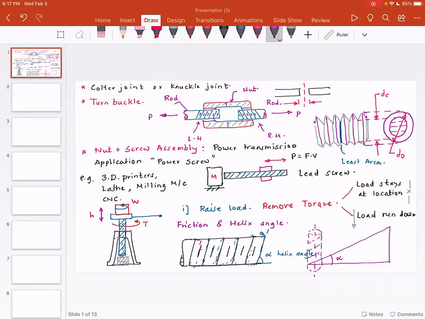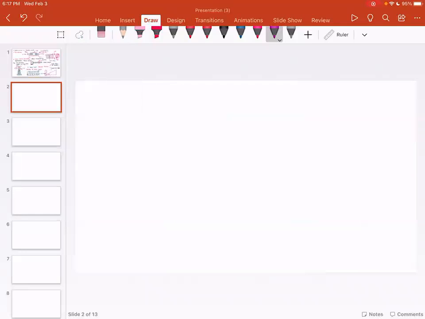Now, next thing I want to talk about is something called the friction angle. I'm sure all of you studied concepts in friction in EGR 217, but let me quickly recap what friction is. Friction depends upon the two surfaces in contact.